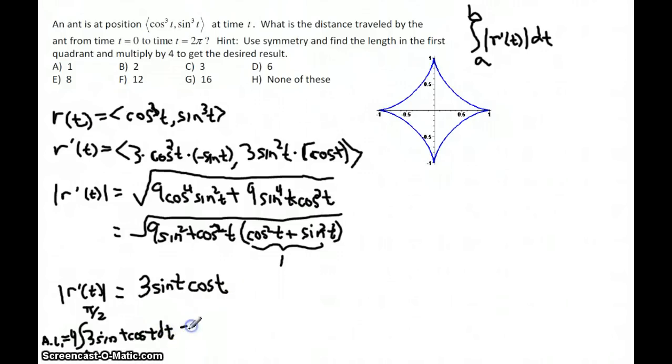Let's go ahead and pull out the 3. It already has a 4 outside. And sine times cosine. I'll go ahead and officially write out what the u substitution is.